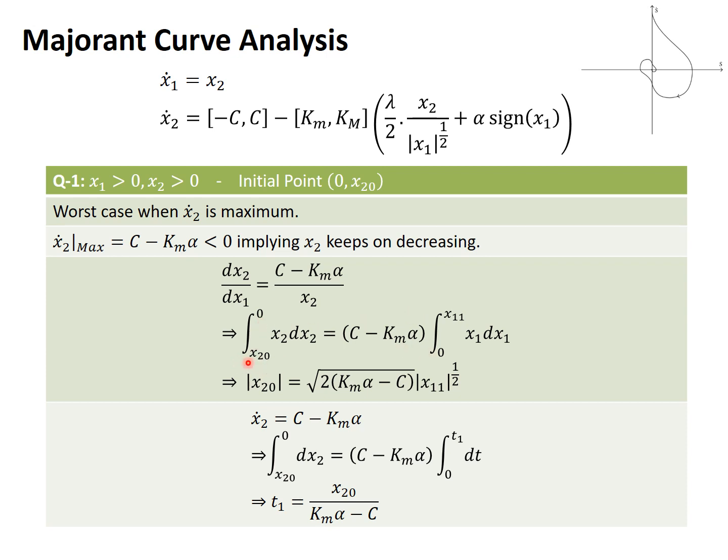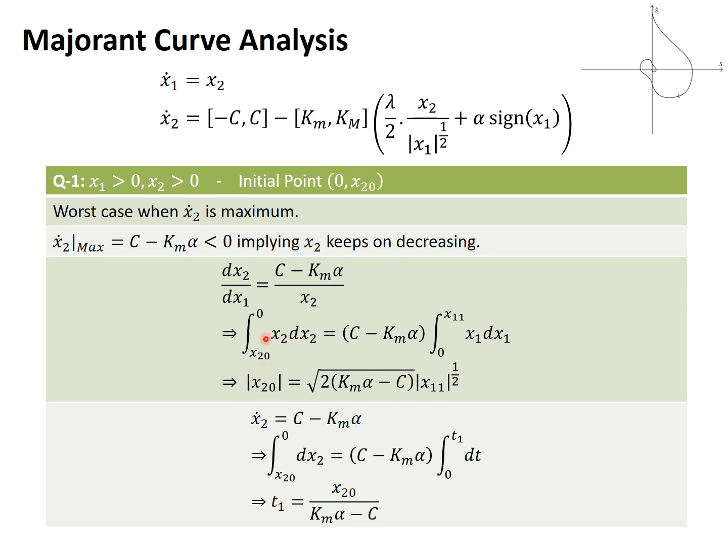The initial value of x2 is x2 0, and the final value in quadrant 1 is 0, whereas the initial point on the x1 axis is 0, and at this point we assume it to be x11.